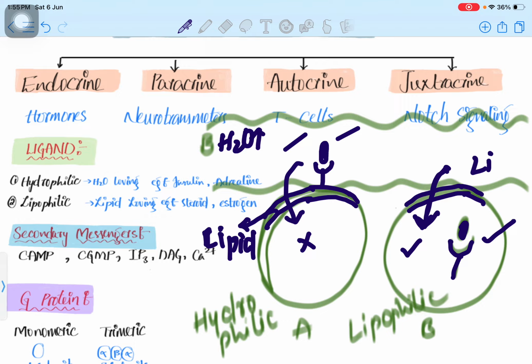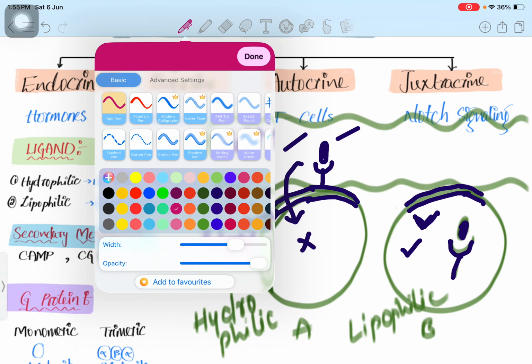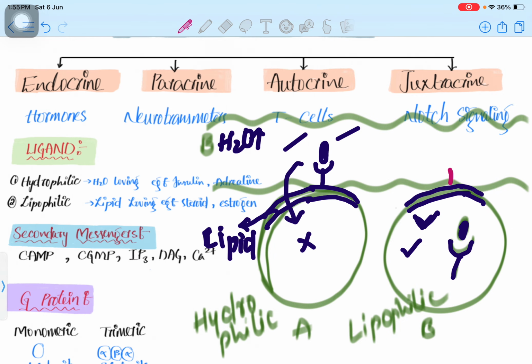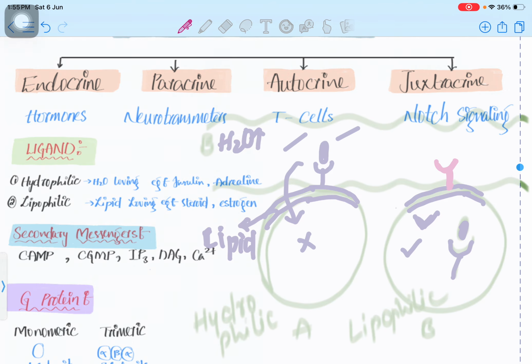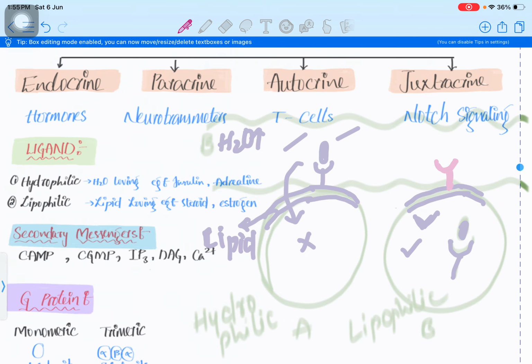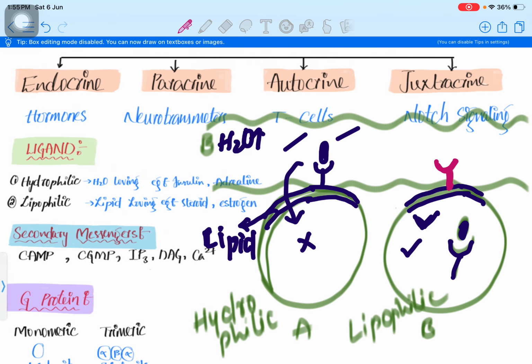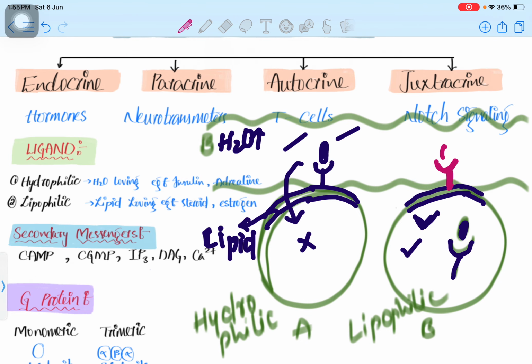Also we can ask why the receptor for lipophilic ligands is not present on the plasma membrane. If the receptor were present on the plasma membrane, the ligand would need to bind on the plasma membrane itself.